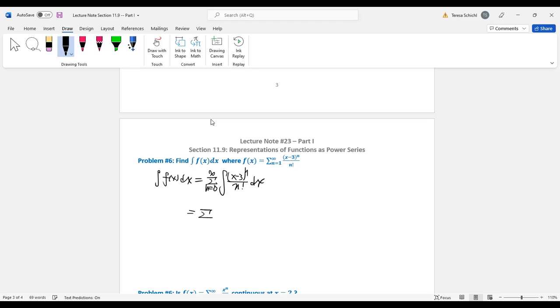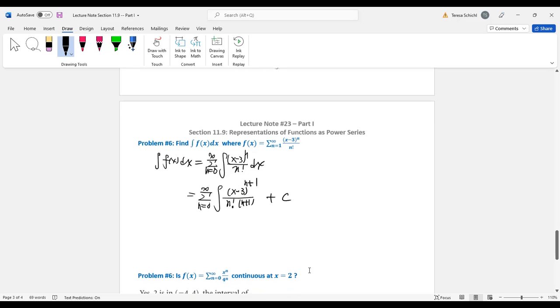So this is a summation n from 0 to infinity. The power rule gives n plus 1 in the denominator. You still have this n factorial there, then you have x minus 3 to the n plus 1. Okay, and don't forget, this is an indefinite integration, so you need to add plus C here.